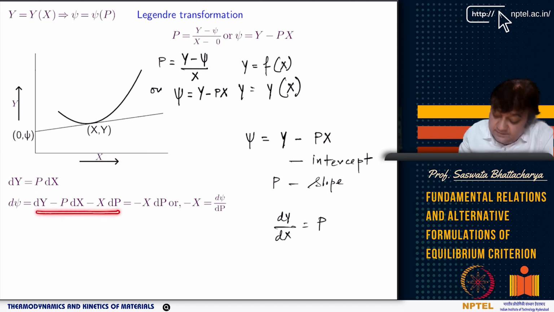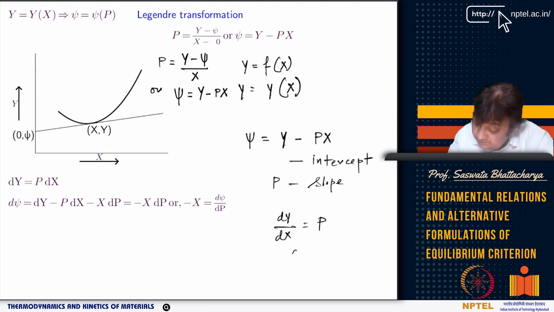So this is the thing. So now dy minus p dx minus x dp, right? Which is equal to minus x dp. Why is that so? This is because dy by dx equal to p implies that dy equals p dx.